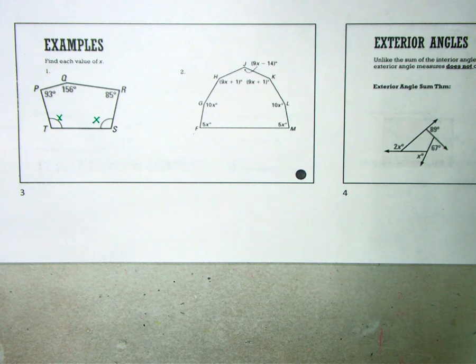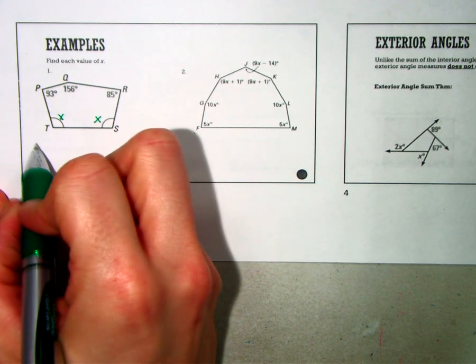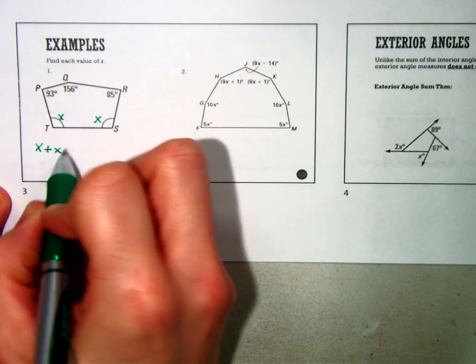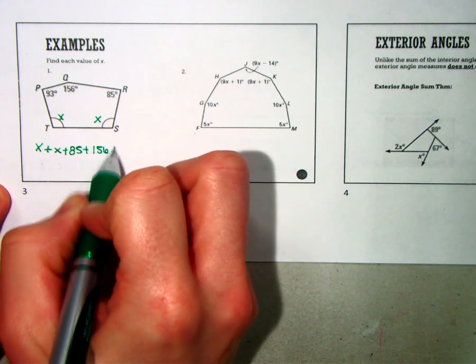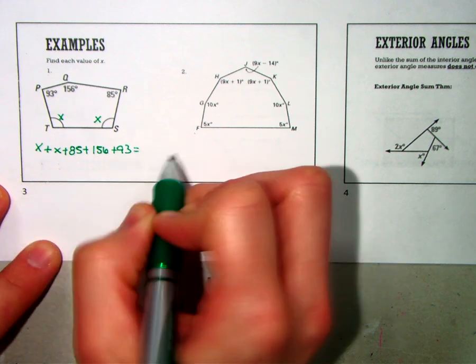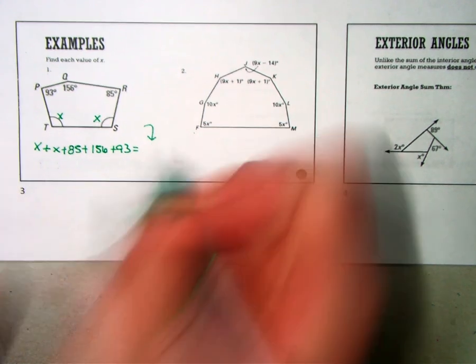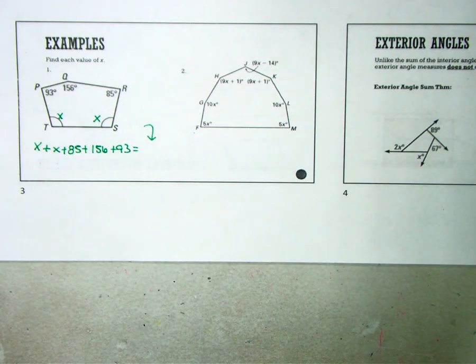Well, we can add those up and set them equal to the total if we know the total. So we have to find out the total first. So we can go x plus 85 plus 156 plus 93 is equal to, but we need to find that total number.